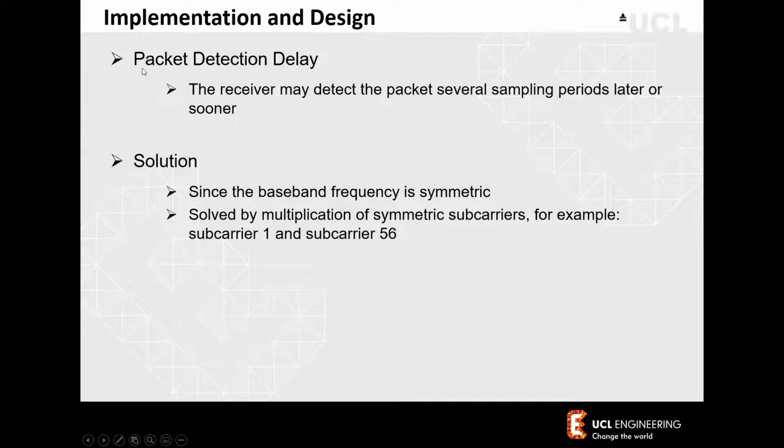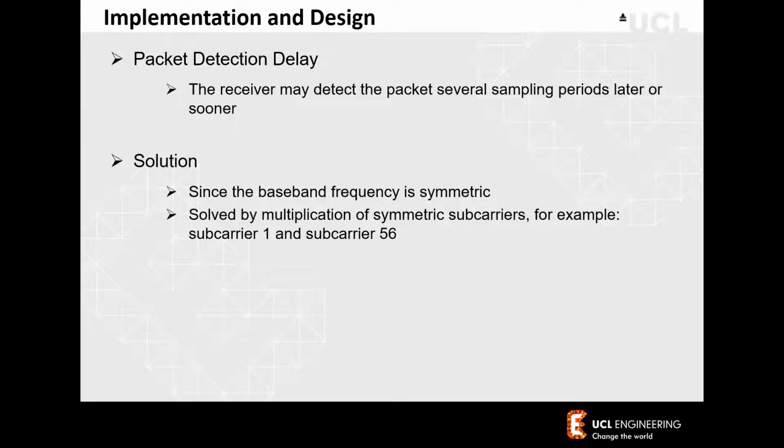Secondly, another one is the packet detection delay. This is due to the design of the communication system, where the receiver may detect the packet several samples later or sooner than the packet itself. With a 20 megahertz Wi-Fi signal, you could have one or two or more samples before or after.